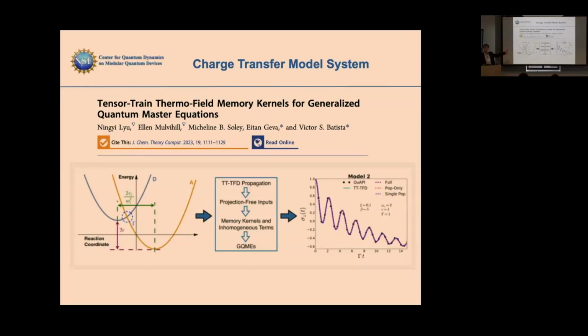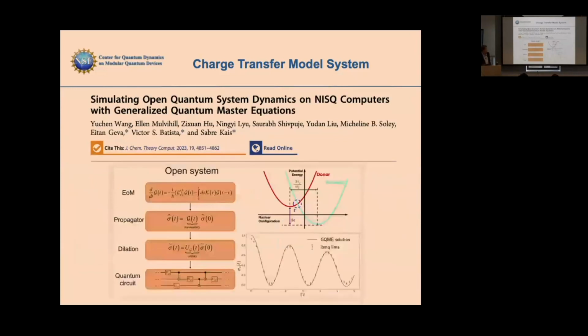But this is basically the comparison, these are the results that we obtain with those various different flavors of the generalized quantum master equation. And then we implemented these same simulations on a quantum computer, an IBM quantum computer, by finding a way of propagating the reduced density matrix with a unitary propagator, even for this case of dissipative dynamics, using the dilation theorem that enables us to transform a contraction into a unitary propagator.